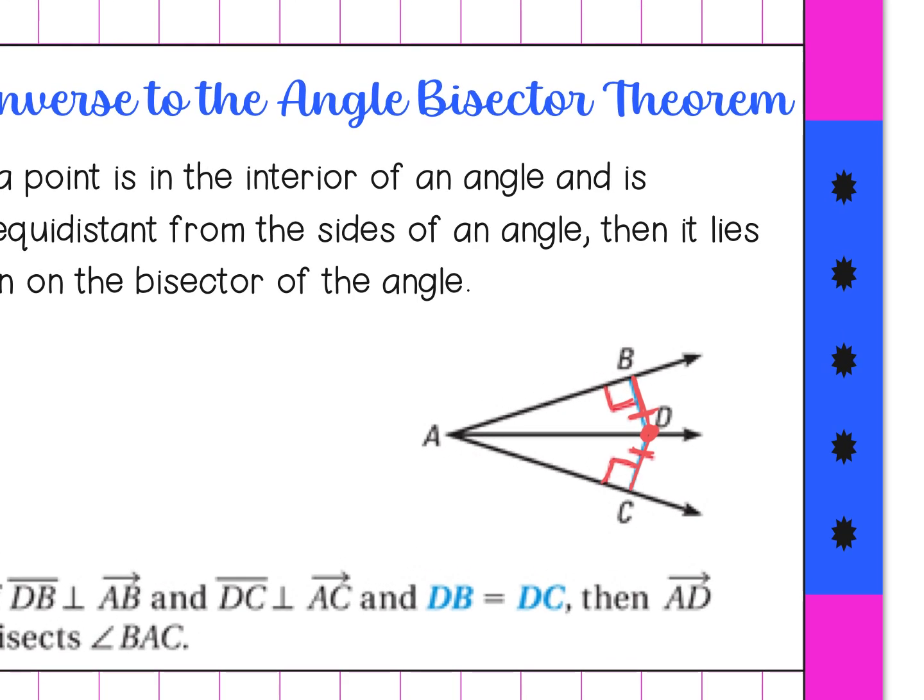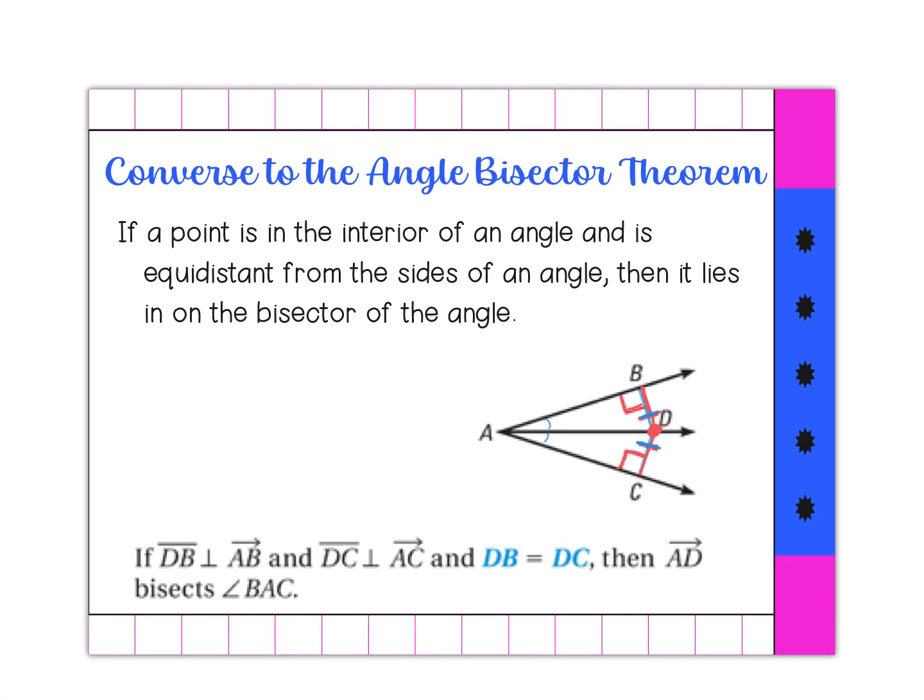And so if it lies on the angle bisector, then these two angles formed here are congruent. So in the first one, you know the angles are congruent, you know it's the bisector, so you know the lines are equidistant. In the converse, you know the lines are equidistant, which means it must be on the bisector, which means the conclusion is the angles are going to be congruent.